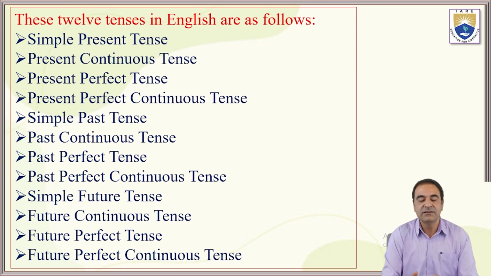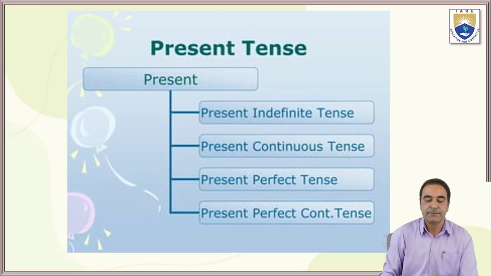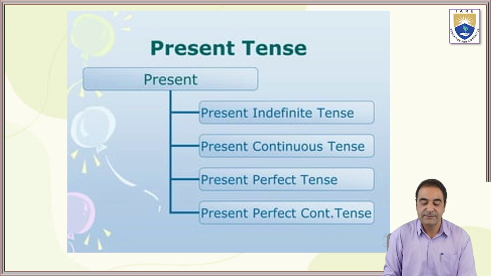We will see the different definitions of these tenses, and thereafter we will see the different structures, and at the end we will look at the usage of these tenses. Okay, now first we will take present tense.